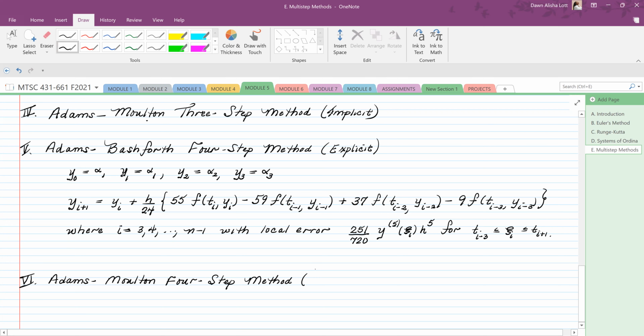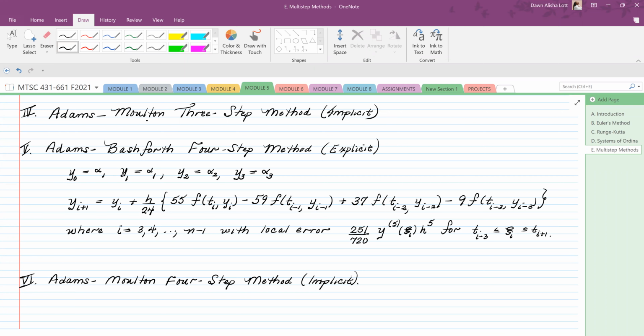And this is implicit. So these methods are very, very useful if you're trying to solve a differential equation.